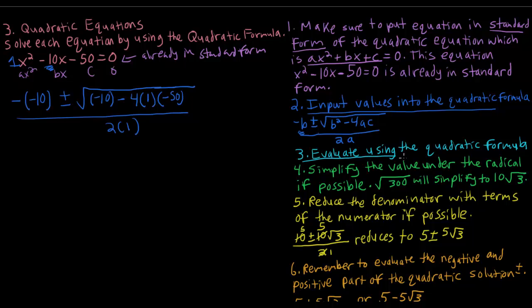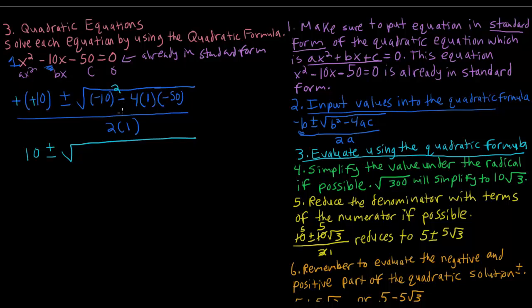So now that we inputted everything, we just need to go ahead and go to step 3, which is to just evaluate using the quadratic formula. So let's evaluate this quadratic formula. Negative times negative 10 is pretty much just positive 10. So we have 10 plus or minus. Actually, this right here, I made a mistake. It should be negative 10 squared.